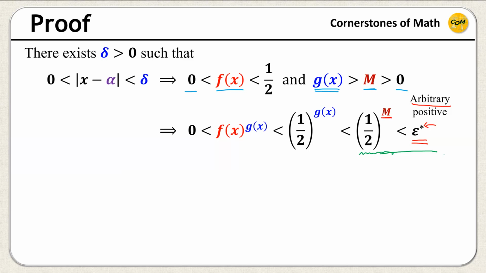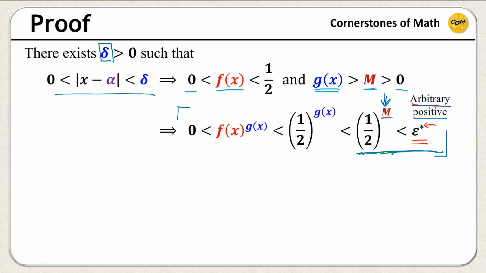Now let me explain the meaning of all this once more. For an arbitrary positive real number epsilon star, which can be whatever small number that you want, we can always find positive number m satisfying this relation, and as for that positive real number m, we can always find positive number delta satisfying these relations in this interval.